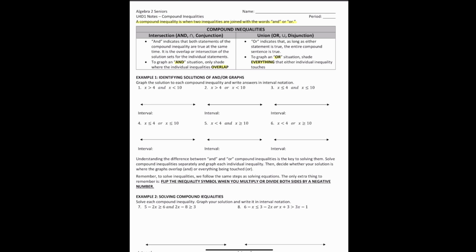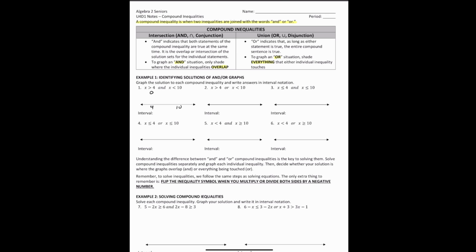So let me go ahead and tell you what I mean. If I have x is greater than 4, first of all, 4 is located right here on the number line, and 10 is located right here on the number line. We need to remember all of those rules that we talked about when it comes to graphing inequalities. So if I have x is greater than 4, that means the 4 is not included.